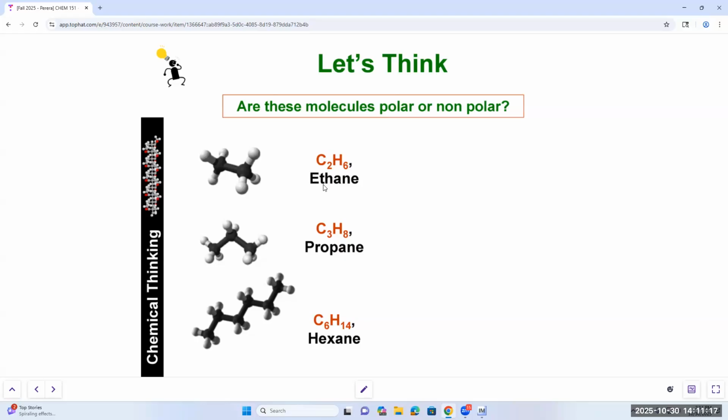For all intents and purposes, they are non-polar molecules. Keep that in mind. Please make a note. It's really important. If your molecule only consists of hydrogen and carbon, it is considered non-polar. That's it.